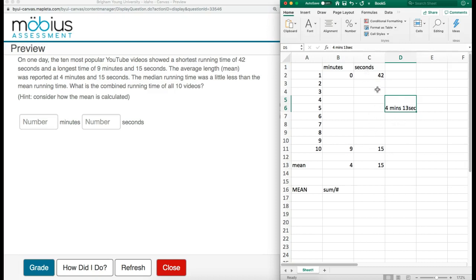So they're all going to be approximately in here. So what we're going to do is work backwards.